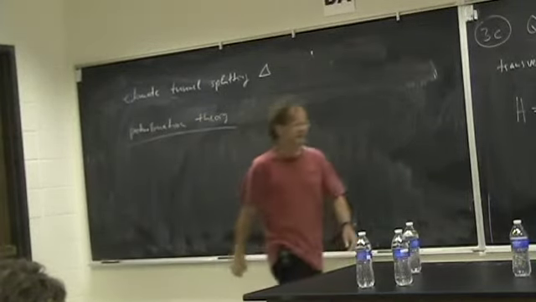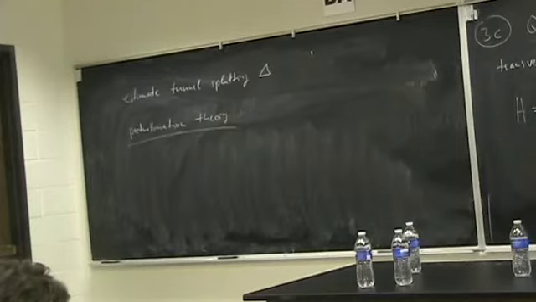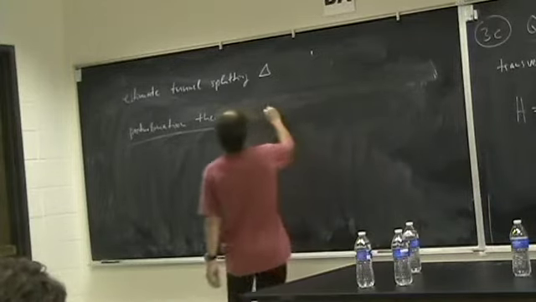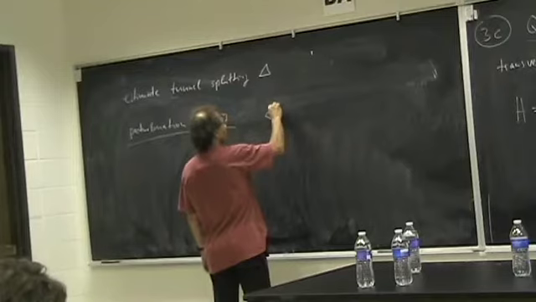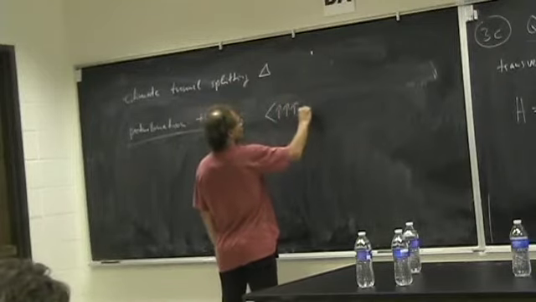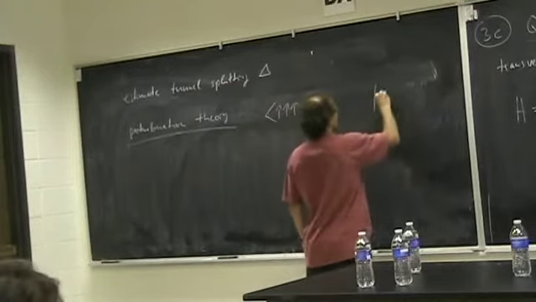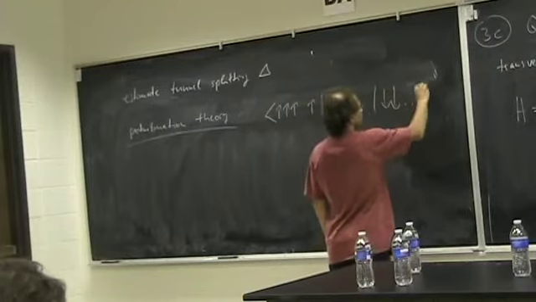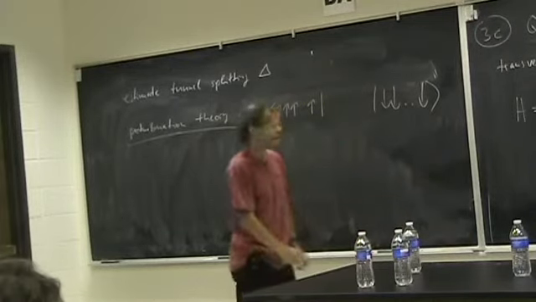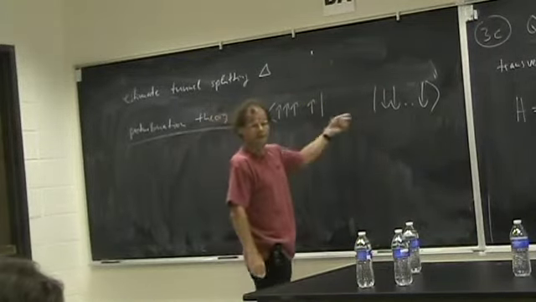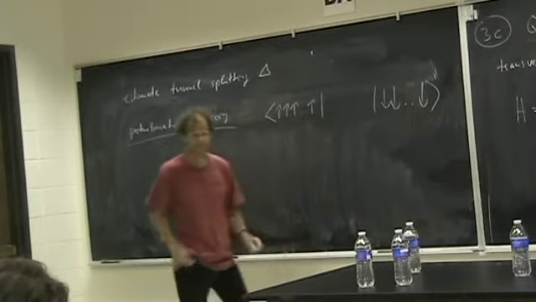Okay, so what we need to estimate are matrix elements between the all up and all down state, to do perturbation theory. Something like that, and these matrix elements give me an estimate for the tunnel splitting.